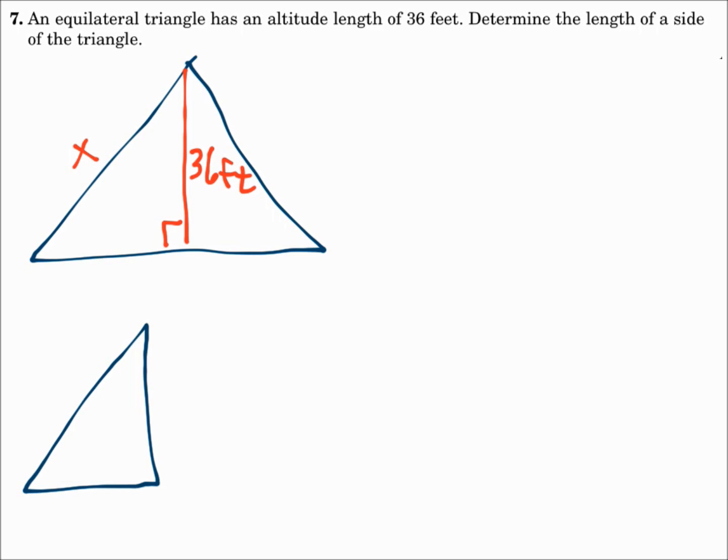If I look at that by itself, what I have here is that the long leg is 36, the short leg I don't know, and my final answer will be the hypotenuse.